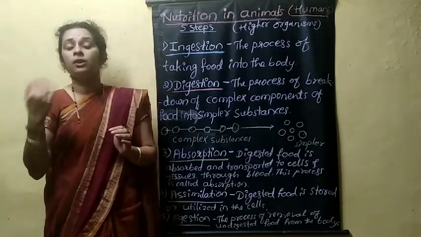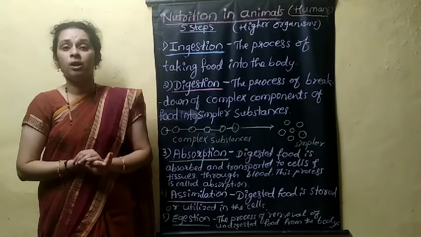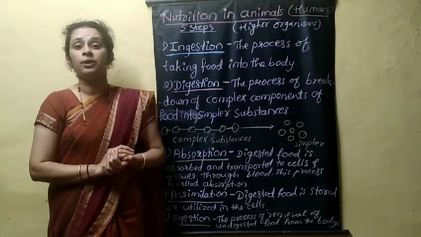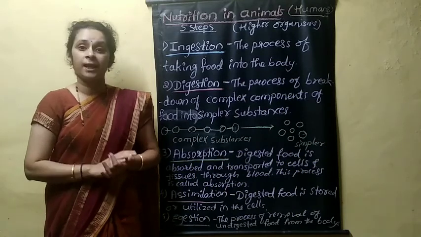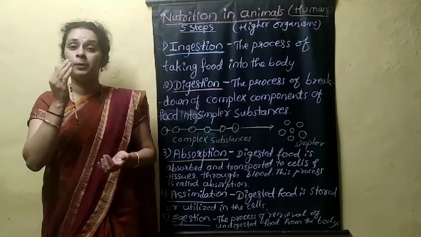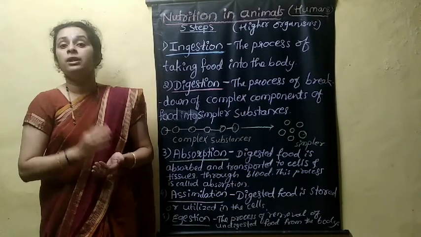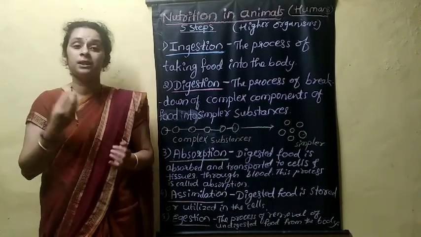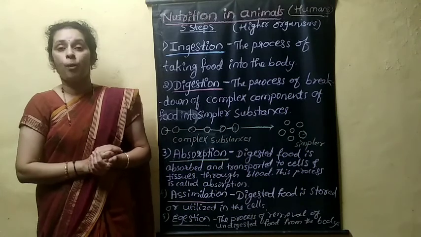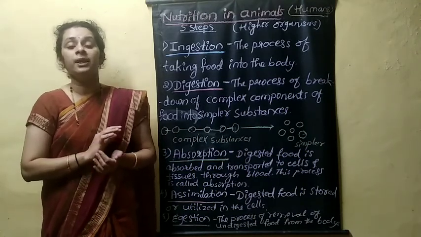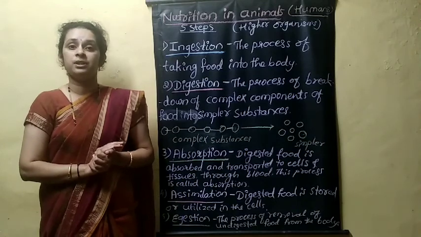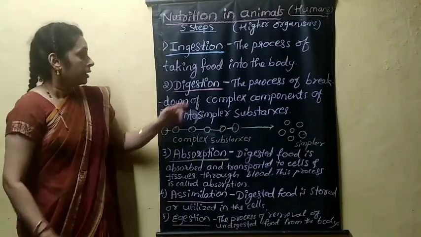That should be converted into simple form because these complex components of food cannot be absorbed by the animals directly. That's why they should be broken down into simpler substances, then utilized by the body to get energy. That's why digestion is a very important process in animals.